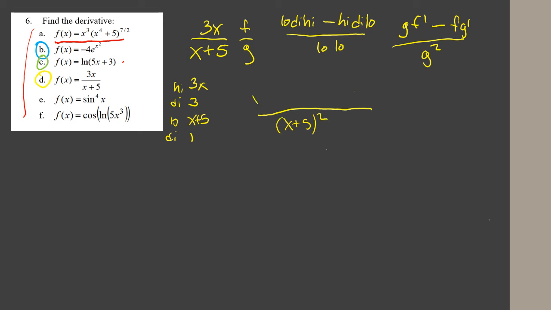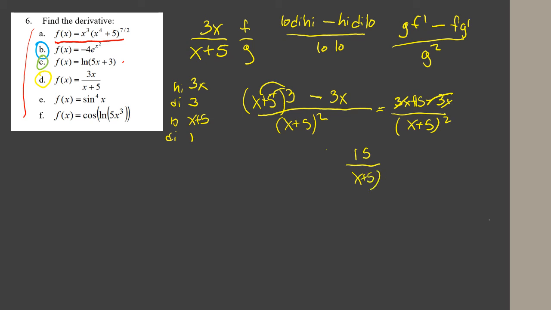Now low is x plus 5 times the derivative of the high, which is 3, minus high, which is 3x, times the derivative of low, which is just 1. So we're going to clear that out, and then we're going to distribute. Next, we get 3x plus 15 minus 3x over x plus 5 quantity squared. These two terms combine to 0, so our final answer is 15 over x plus 5 quantity squared. That's our derivative for D.